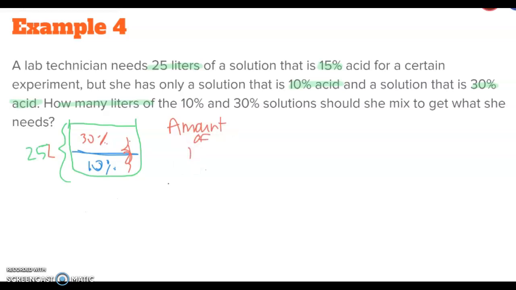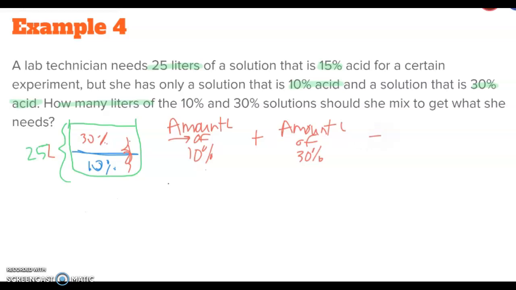of 10%. And I want you to pay attention whenever you hear the word of, that is the key that you're going to multiply something. You're going to take an amount of 10% solution and you're going to add it to some amount, and these are going to be amounts in liters, right? Some number of liters of 30% solution.